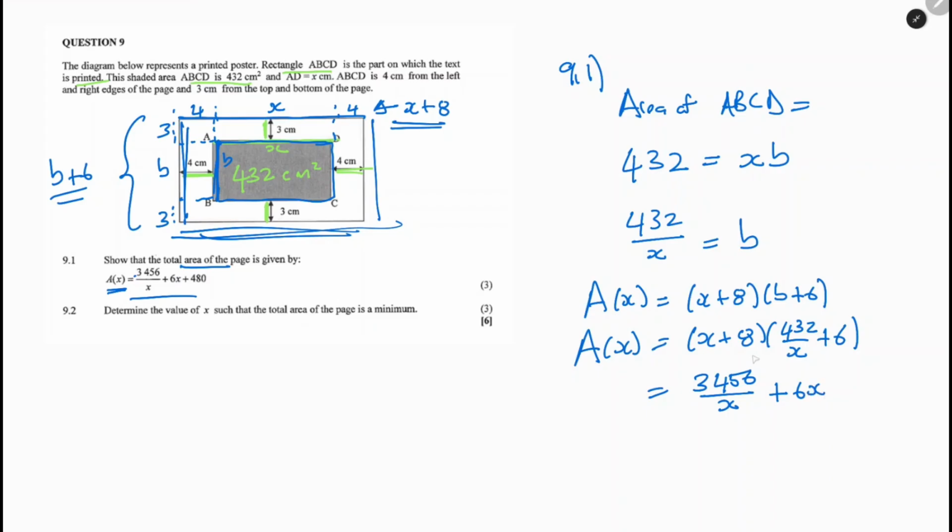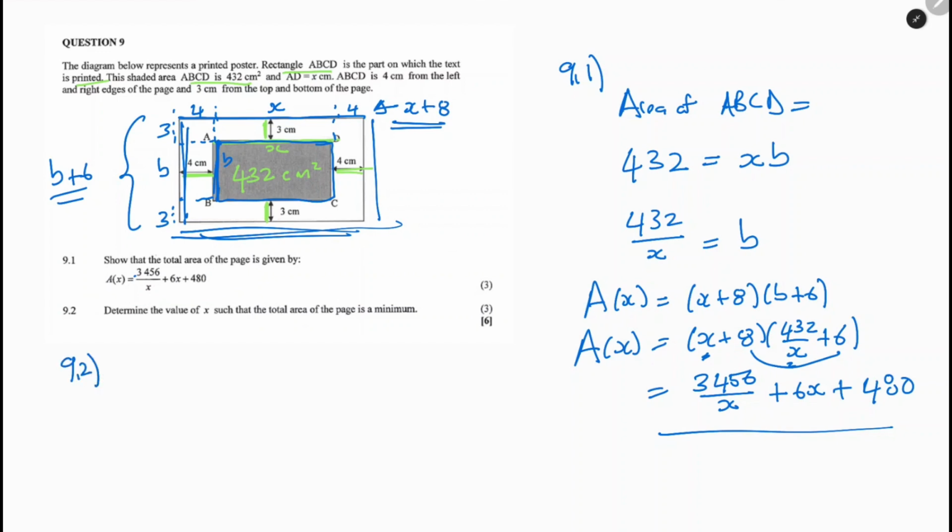And then if I take 8 times 6, that's going to equal 48, plus X times 432 over X, so that's going to equal plus 432. So 48 plus 432 simply equals 480. And this is indeed what the question is asking us to show. So that is 9.1.